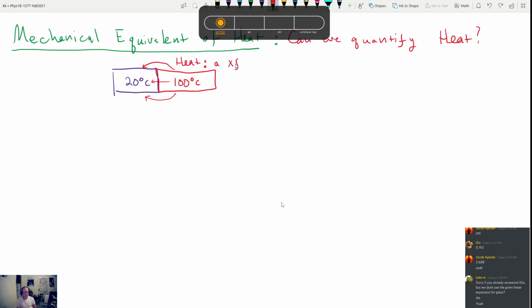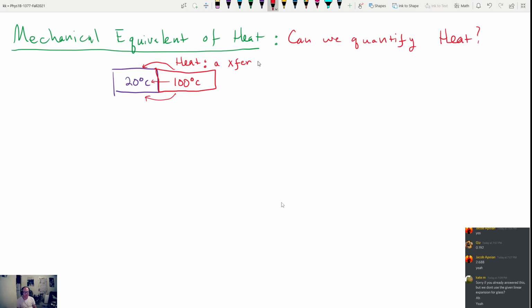So this means transfer of energy from a hot object to a cold object due to a temperature difference.